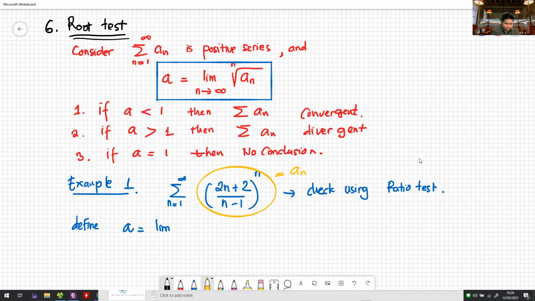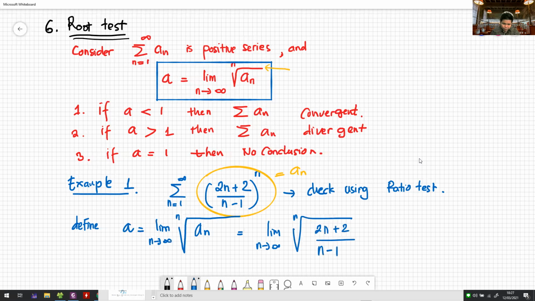We check the limit of that. But kita akarkan lagi pangkat n. Jadi artinya apa? We check the nth root of a_n itself, then n goes to infinity. We write it down here, 2n plus 2 divided by n minus 1, to the power of n.